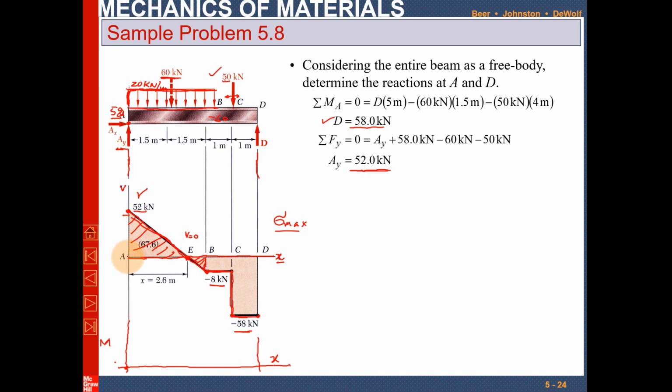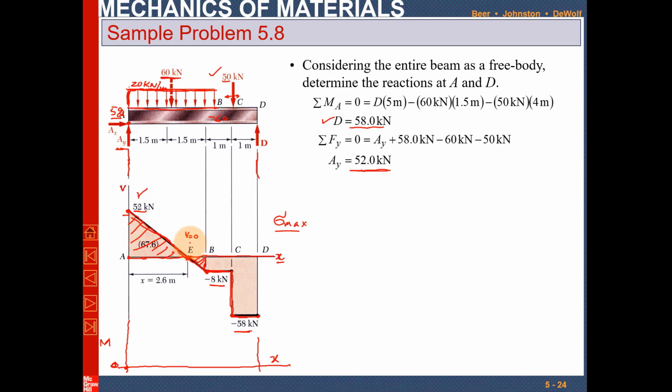So you can see that at point A there is a shear force of 52 kilonewton, and it passes through point A. So Rx is equal to 0, so there will be no moment. So at point A there is 0 bending moment. Clear? At point A there is a shear force, but no bending moment.